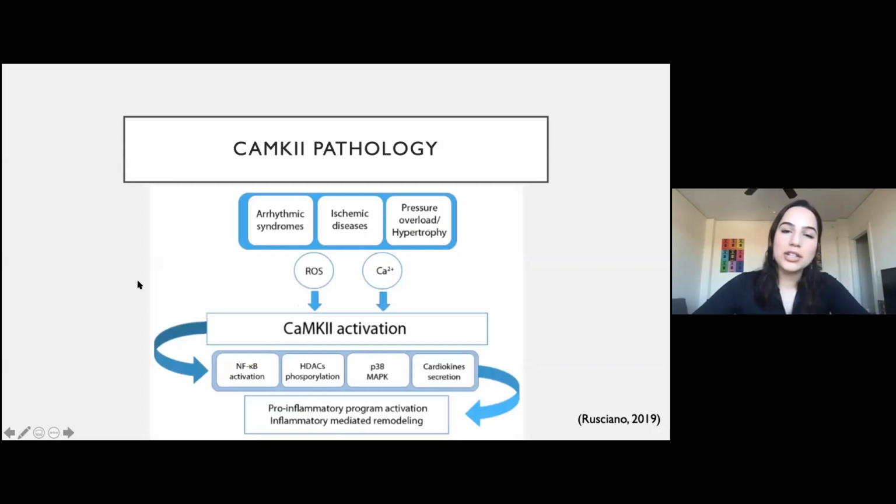So CaMKII is implicated in a lot of pathology. Specifically, we will focus on cardiac pathology.